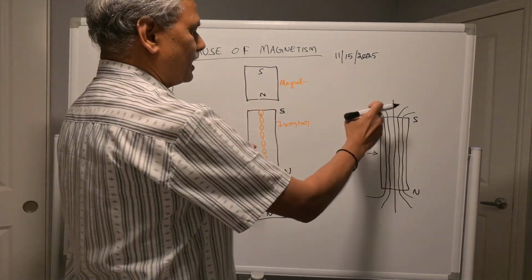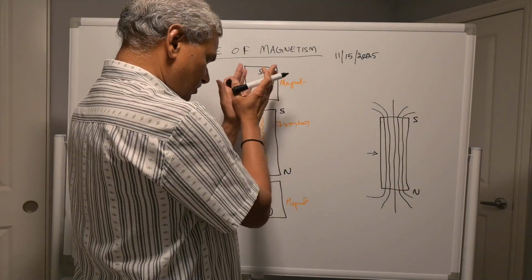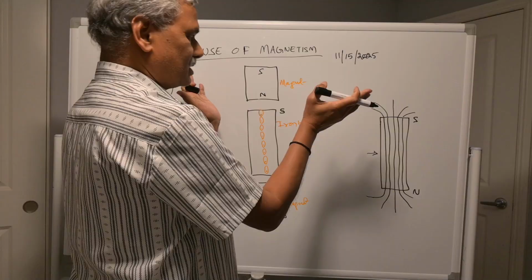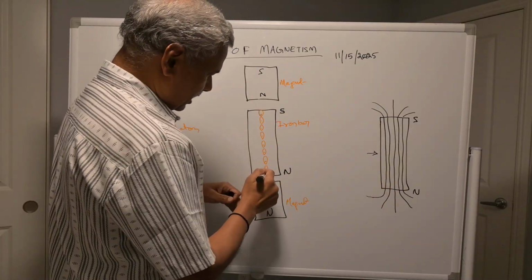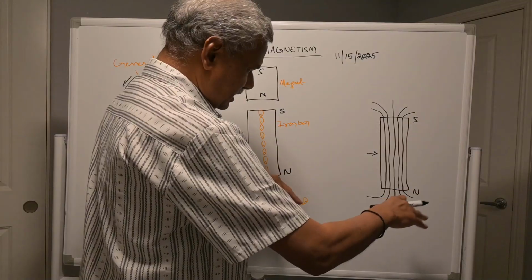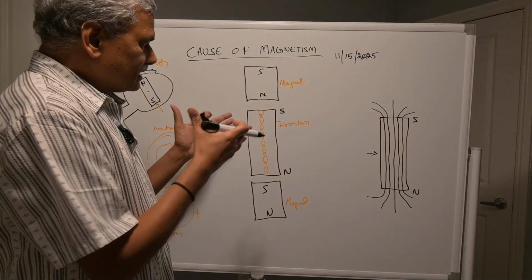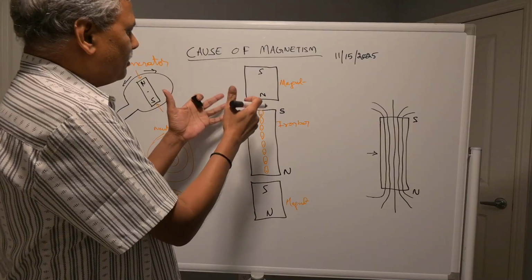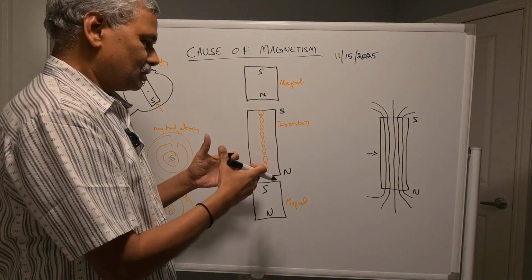That's why the magnetic lines are curved and separate from each other. The same way, the north pole is all positive charge that gets deflected.